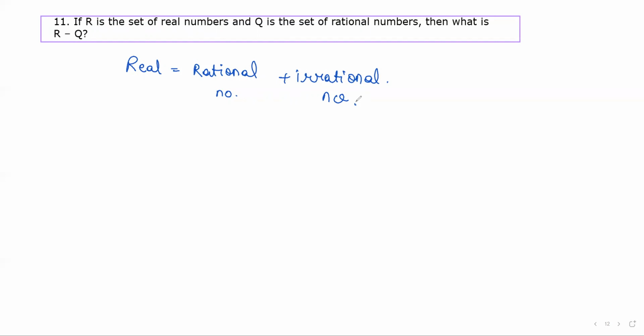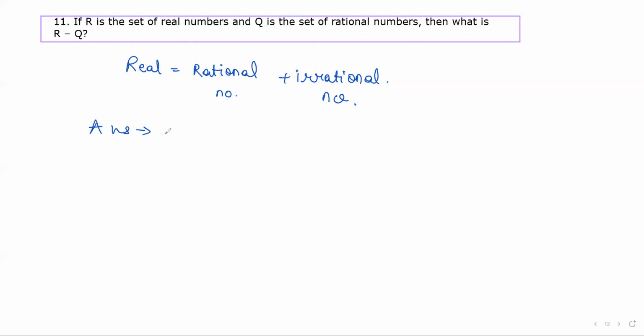However, rational numbers can be written in the form of irrational numbers at times, but they will still end up being rational numbers. By taking all the rational numbers away from real numbers, you'll always be left with irrational numbers. So the answer would be a set of irrational numbers.